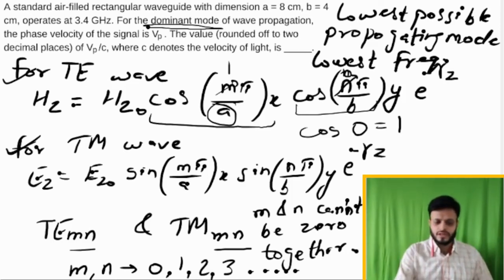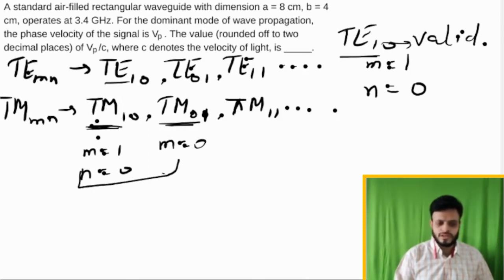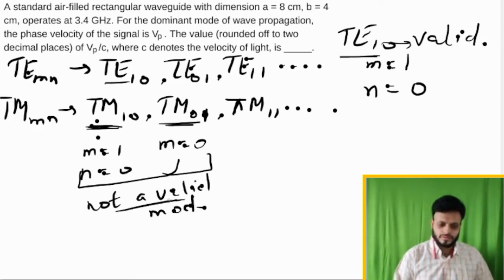So again, we can say TM10 mode and TM01 mode, where you have m or n equal to 0, both of these modes are not valid modes.